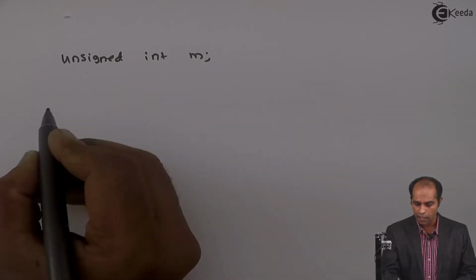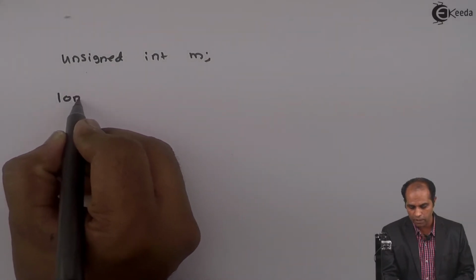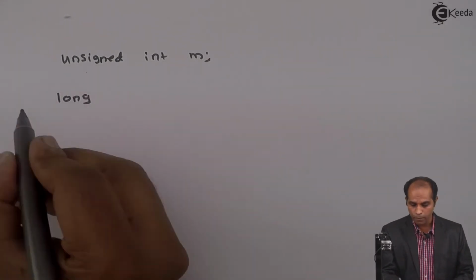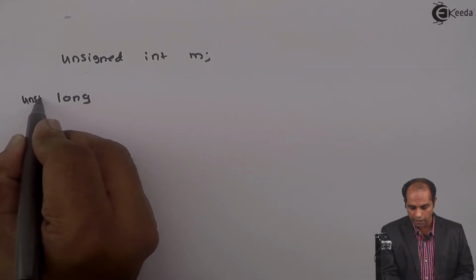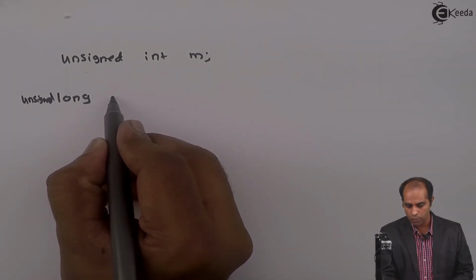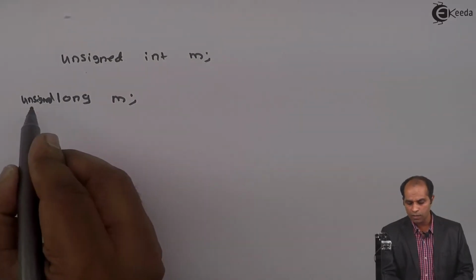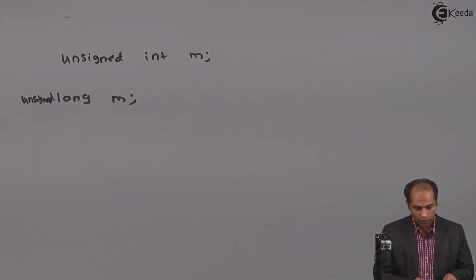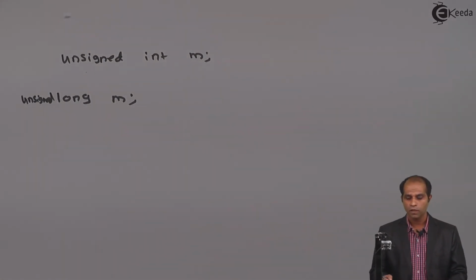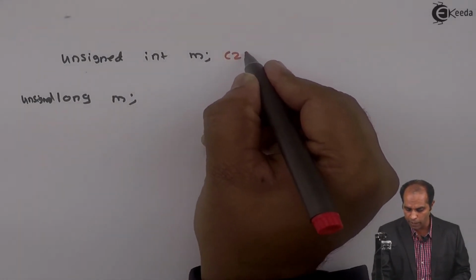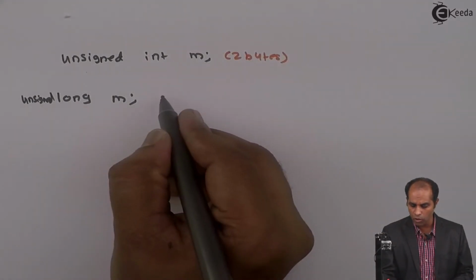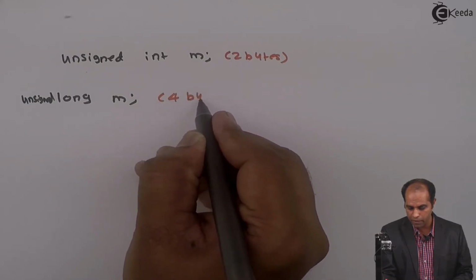What if I had to store very large positive values? In that case, I can go for a data modifier called long preceded by unsigned: unsigned space long space say m. Unsigned long m. Now if I ask you to write the size of this, int m will consume 2 bytes. Unsigned long will also consume 4 bytes.